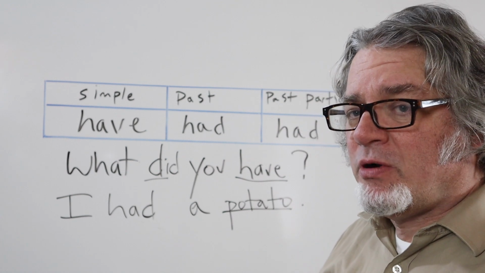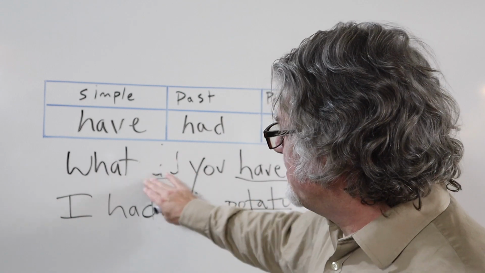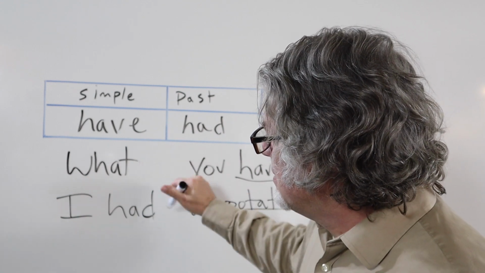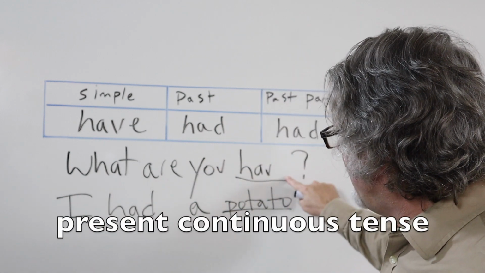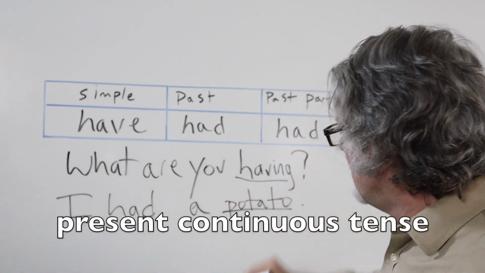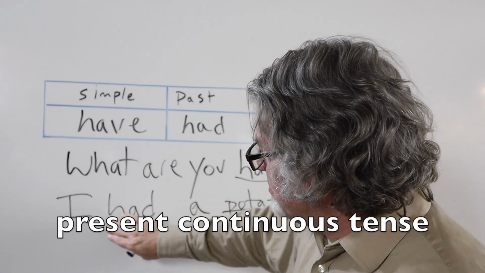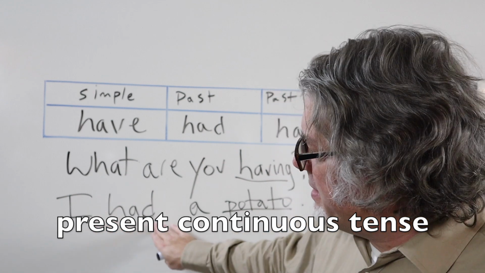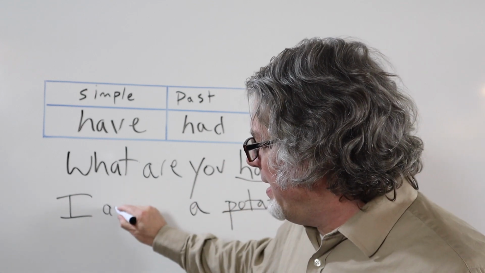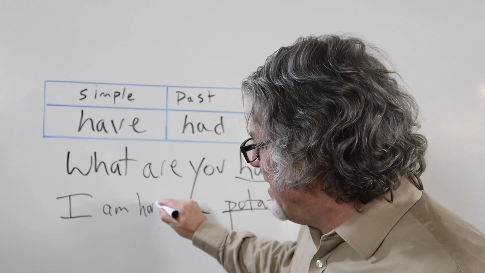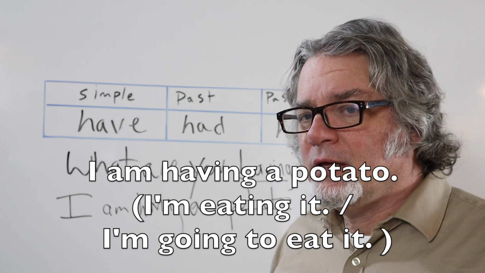If you change it to the present continuous tense, then this would change to the verb be. What are you having? And you change this, you need two parts, the verb be and then the main verb. I am having a potato.